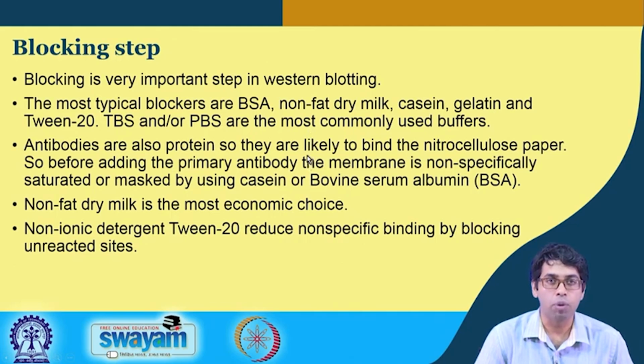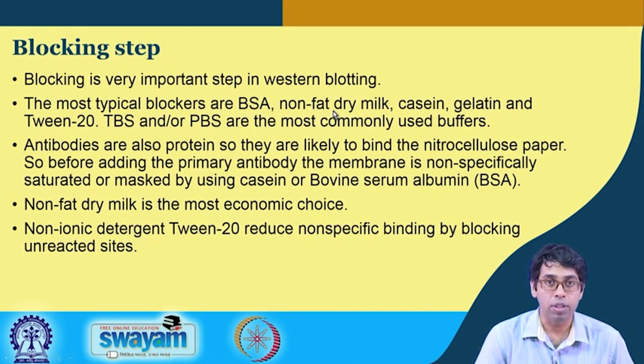What this blocking step does is it reduces non-specific interaction. Now it might so happen that the antibody that we are using may have weak binding for some other protein sequences. This blocking step will reduce all such weak interactions because we have saturated everything using this bovine serum albumin or non-fat dry protein, dry milk.